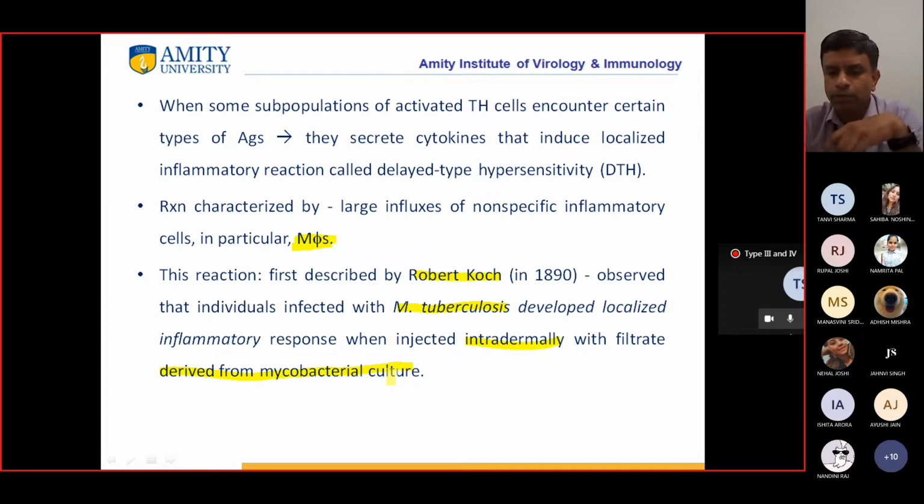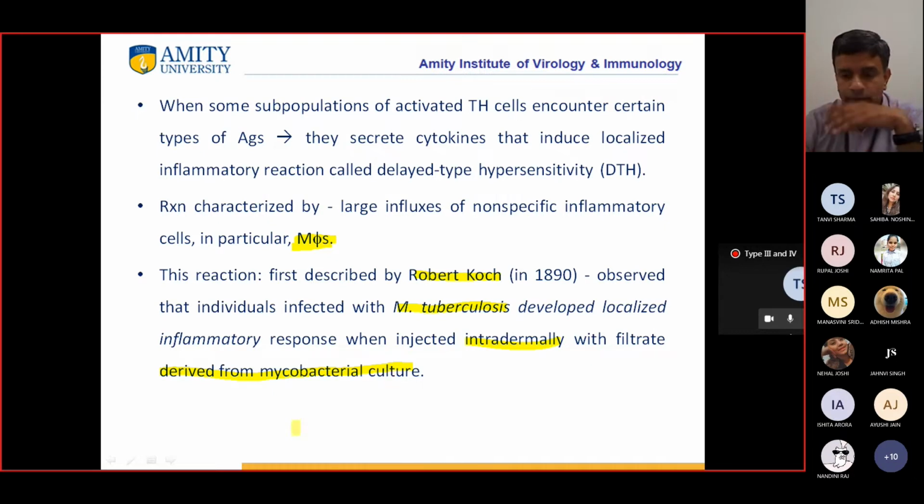He took some filtrate from the Mycobacterium culture, prepared the components of that culture and injected intradermally, and after 24 hours there was an inflammatory response.